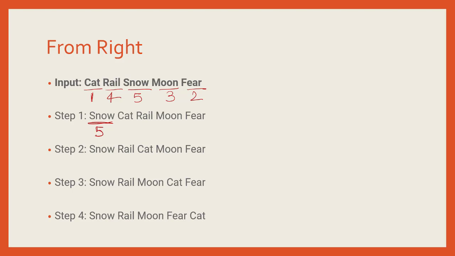That means we are arranging this particular string in the reverse alphabetical order, or we can say we are putting them in from the right side in the dictionary order. And the rest 4 words have been kept in the order cat, rail, moon, fear. In the next step, rail has been moved forward, then moon, and then cat and fear have been arranged. So in our output string, the words are arranged in reverse alphabetical order: snow, rail, moon, fear, cat.